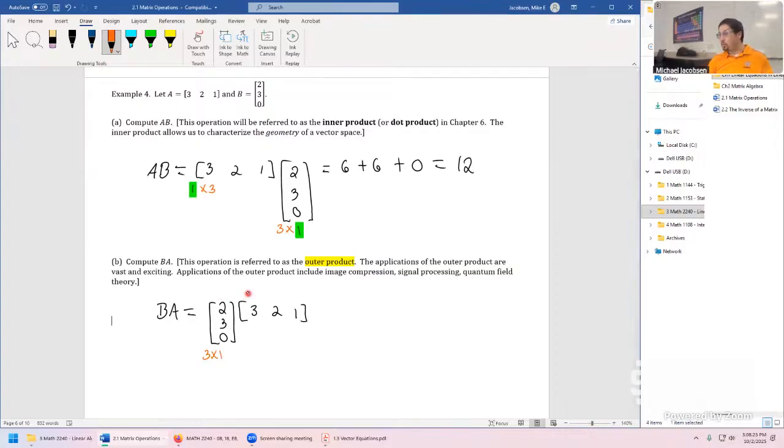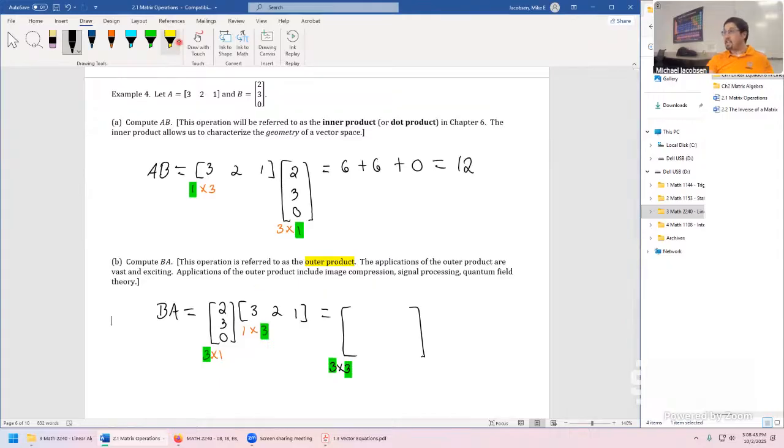This is 1 row, so 1 by 3, 3 columns. That tells us the result is going to be a full-on 3 by 3 matrix. So whereas the inner product gives us a scalar, we have now for the outer product a matrix when we combine those vectors in that order of multiplication.